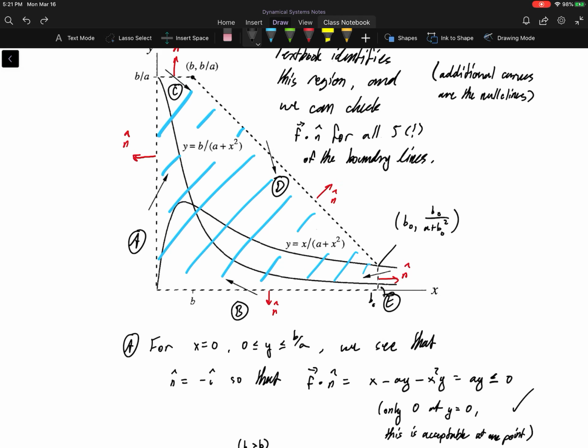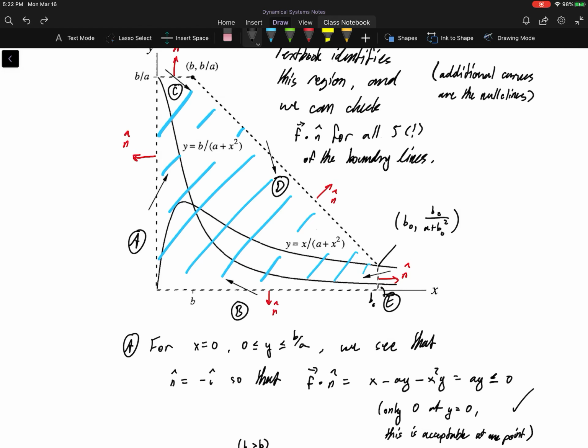On the left side, we're going to say that this is occurring on the y-axis, so that means that x is equal to 0, and y is going to be stuck between 0 and b over a. And we know for a fact here that the outward pointing normal vector is going to be this horizontal vector pointing to the left. So this is the negative i hat, right?